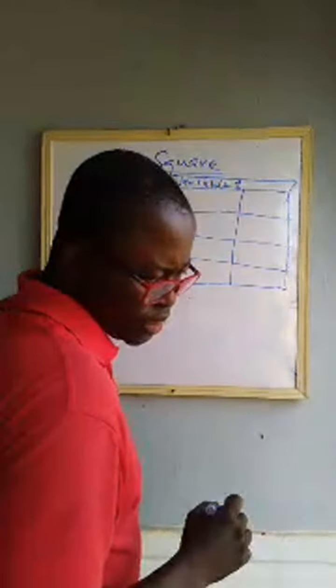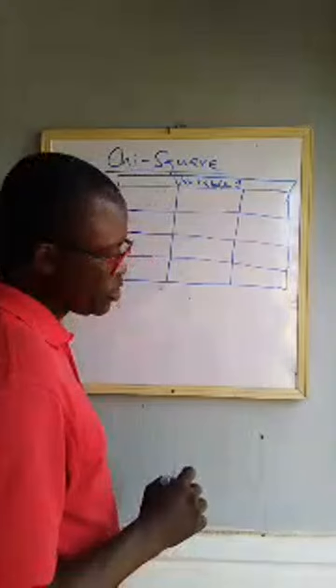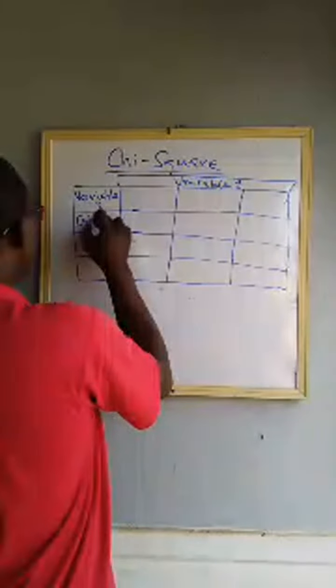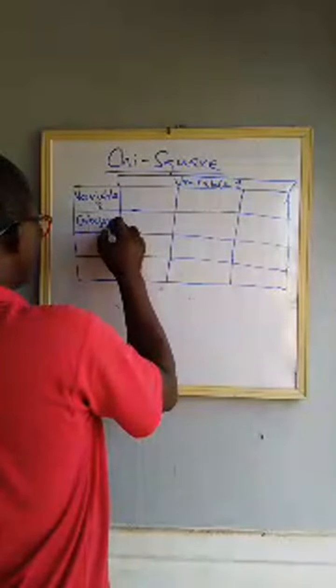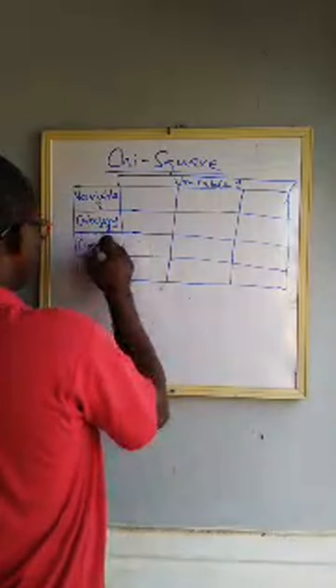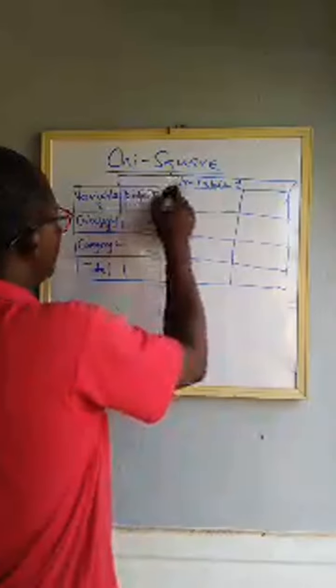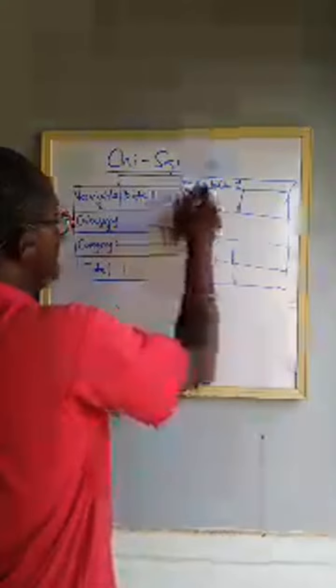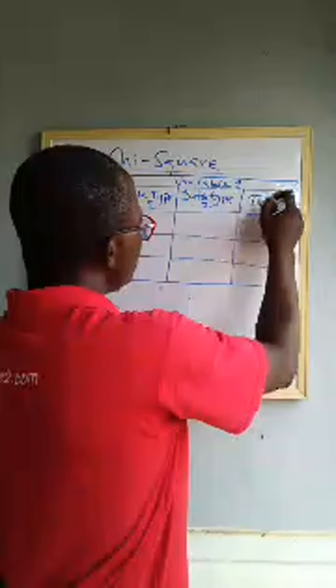Having got that, we now have category 1 and category 2, and we have the total, which we are going to see soon. Then we have data type 1 and data type 2. Then we have the total on this side also.